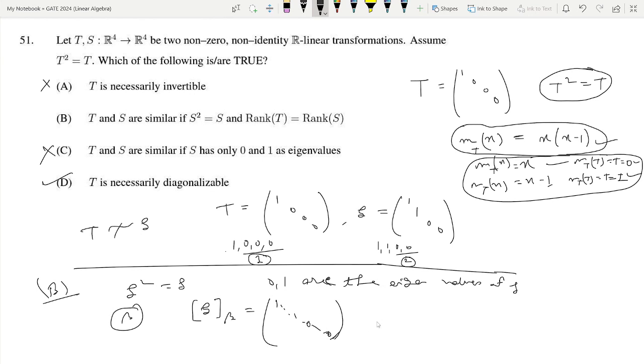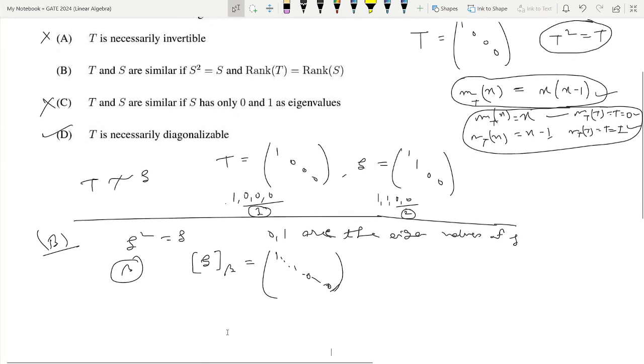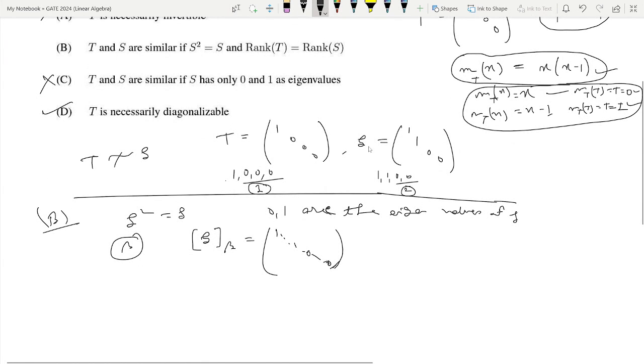And also we are given that rank T equal to rank S. So now first we have that T and S are both diagonalizable, and both have only eigenvalues 0 and 1. So there also exists an ordered basis gamma consisting of eigenvectors of T such that the matrix of T with respect to gamma will be of this type.